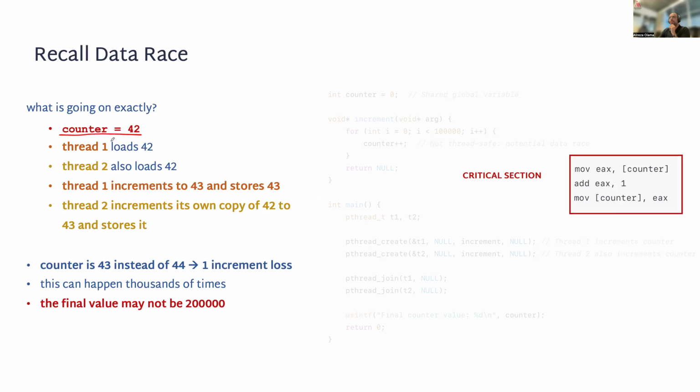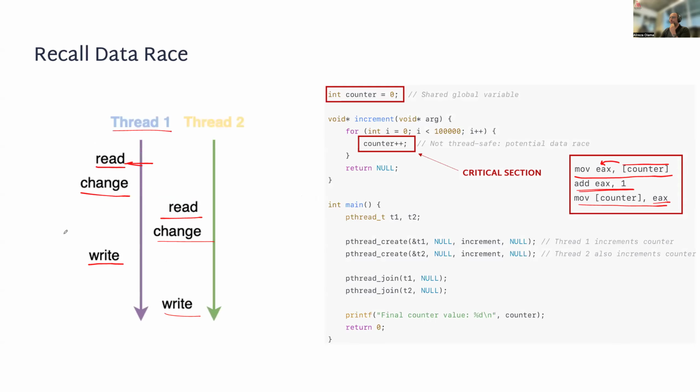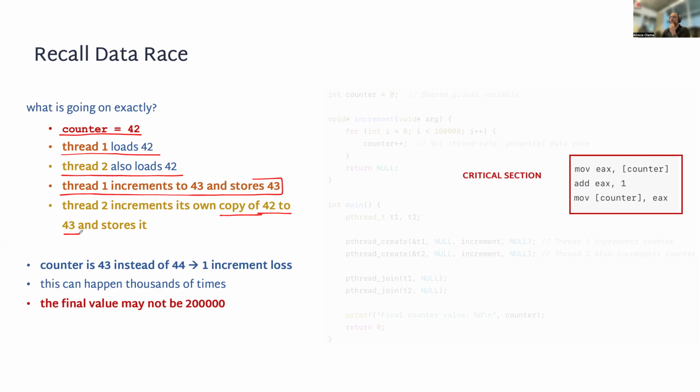Thread 1 loads 42, and then thread 2 also reads 42. Thread 1 increments it to 43 and stores 43, but thread 2 still has 42 because it doesn't have access to the register of another thread. So instead of 44, your result is 43.